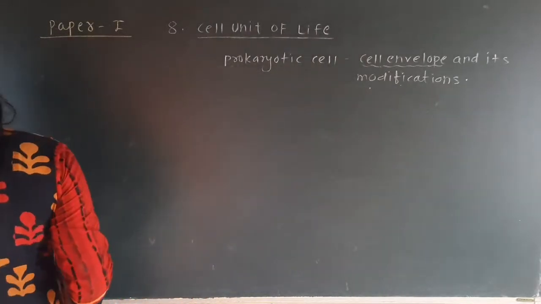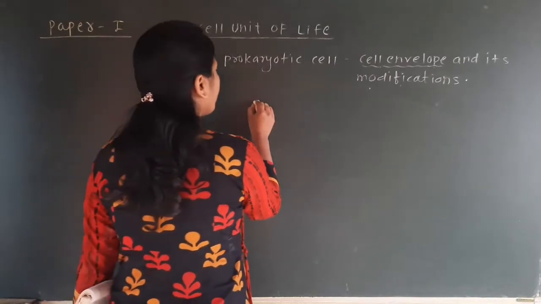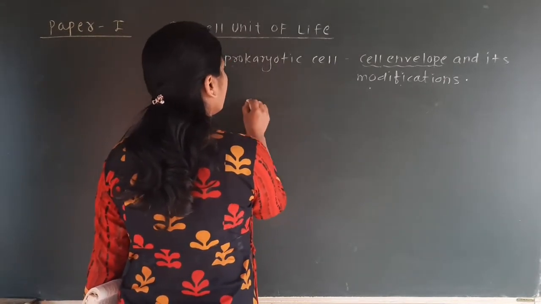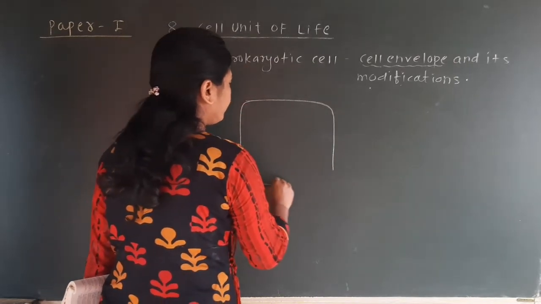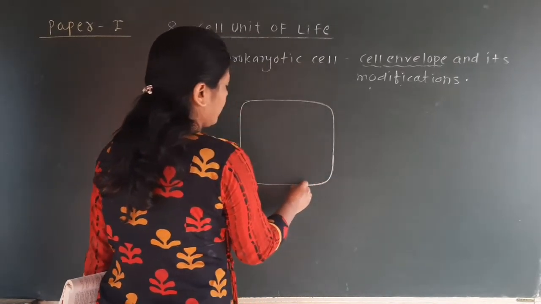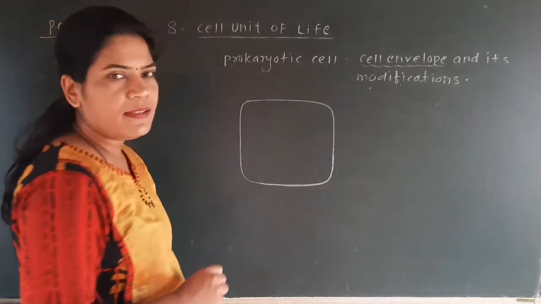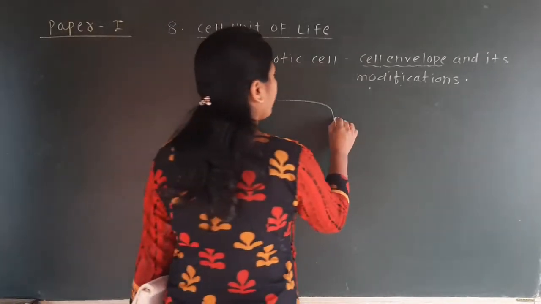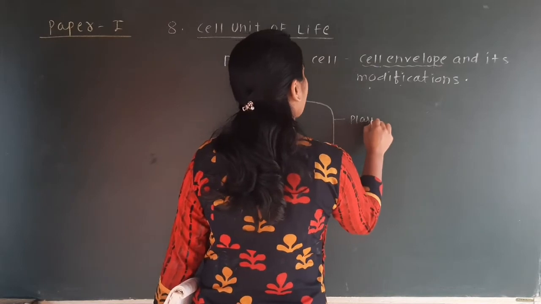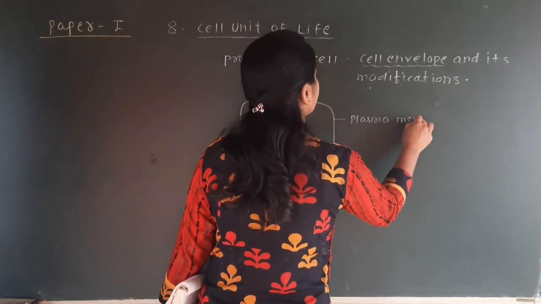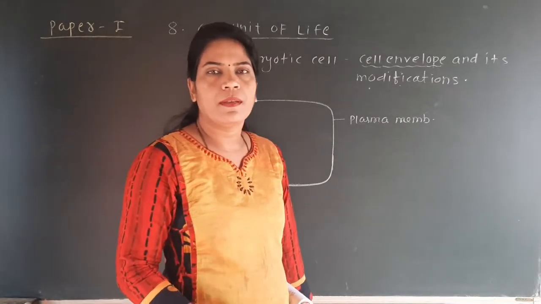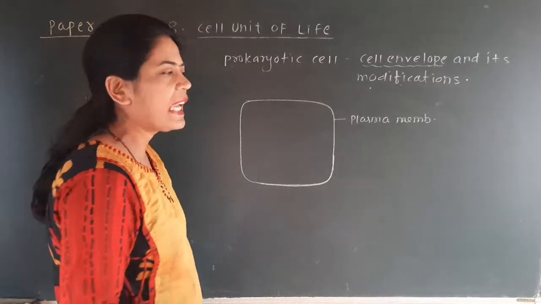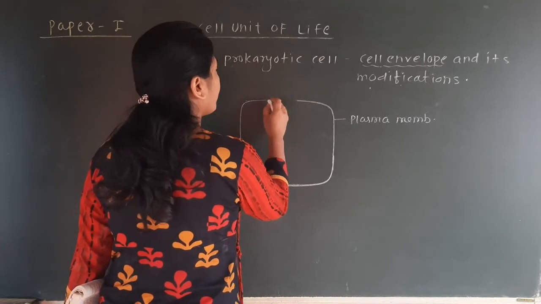Suppose this is the bacterial cell. We have labeled it as plasma membrane. This plasma membrane shows extension into the cytoplasm here.